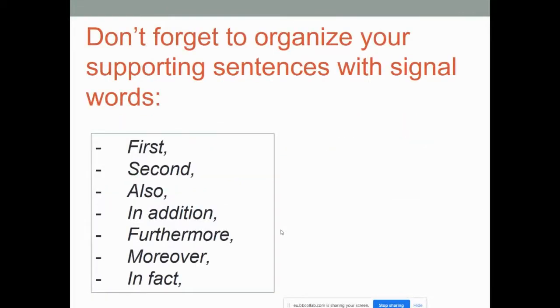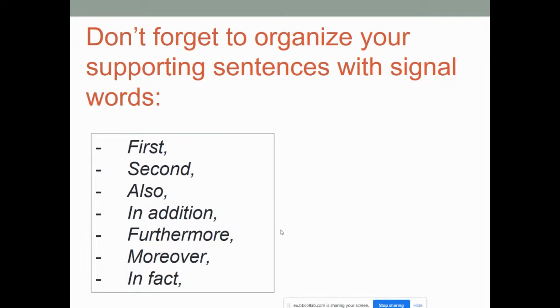Now, when you write a supporting sentence, as I mentioned to you earlier as well, you have to use some signal words. And these signal words could be first, second, also, in addition, furthermore, moreover, in fact. So you can start writing your first supporting sentence with the word first. Second supporting sentence with the word second.